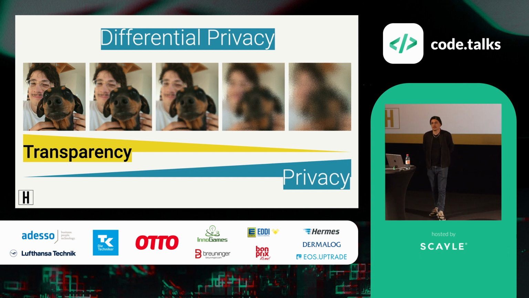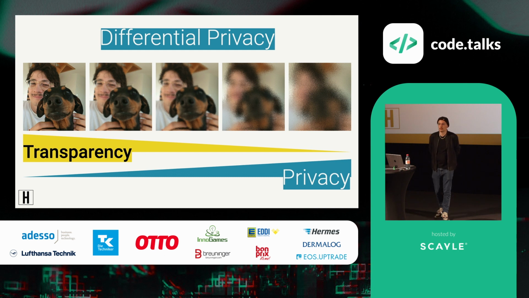We again see the trade-off between transparency and privacy here. If we have little noise, we can get better results, but we have less privacy. On the other hand, if we have very high noise, the results get a bit worse, but we still preserve privacy. So in the end, it depends on the sensitivity of the data that we have.